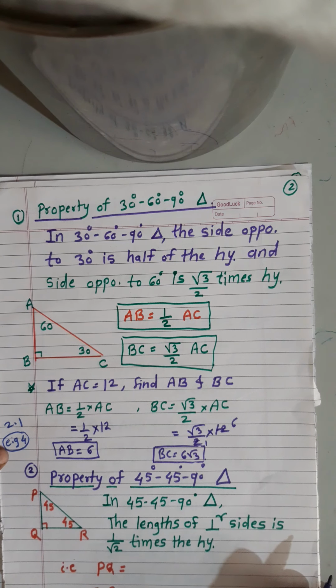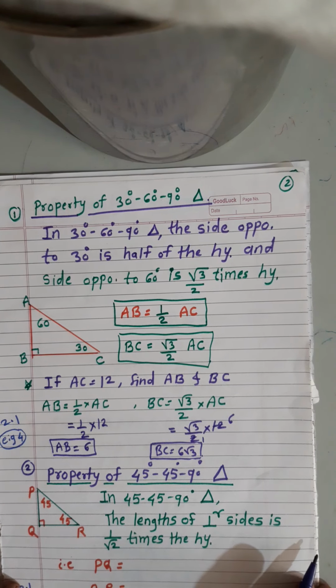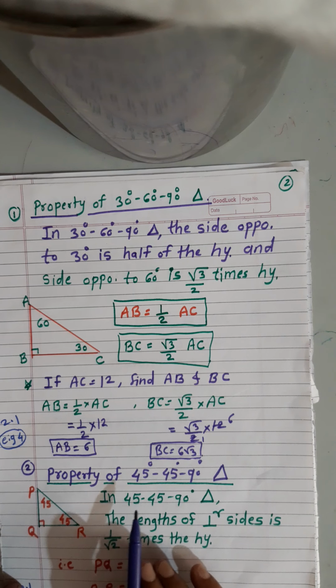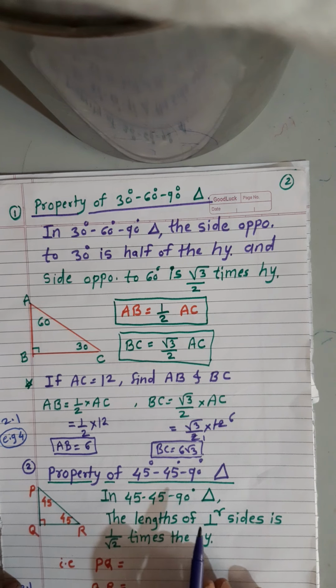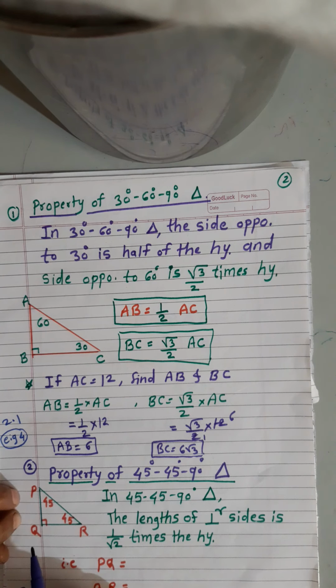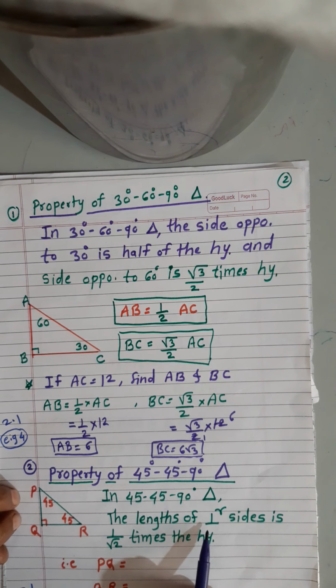Now the next property is the property of the 45, 45, 90 triangle. What is that? Now see, draw triangle PQR. Here P is 45, R is 45 and Q is 90. Therefore it is a 45, 45, 90 triangle.